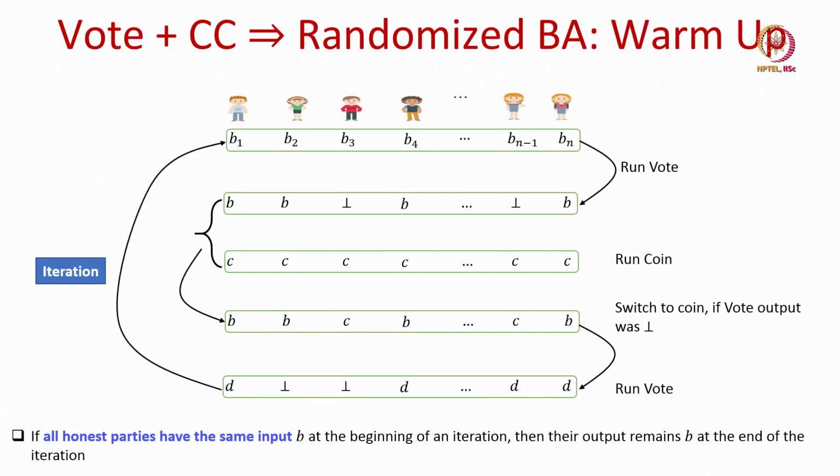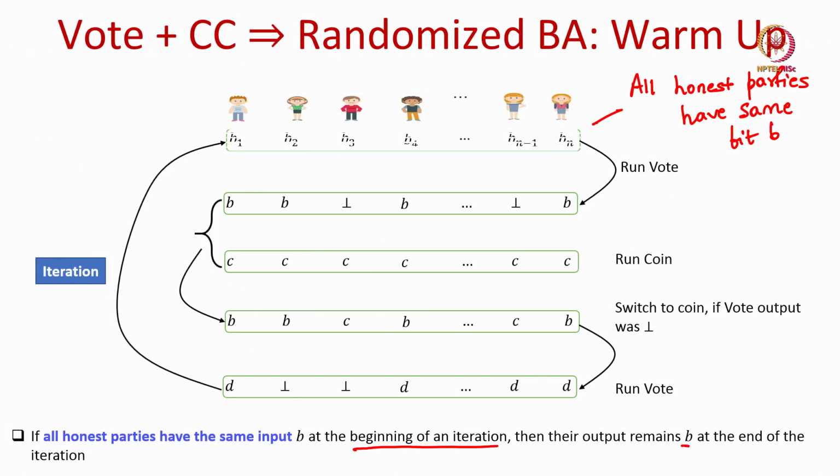If all honest parties have the same bit B at the beginning of an iteration, it could be the first iteration, the second iteration, or the third iteration, what I am claiming is that at the end of the iteration their output remains B only. It can't be anything else.